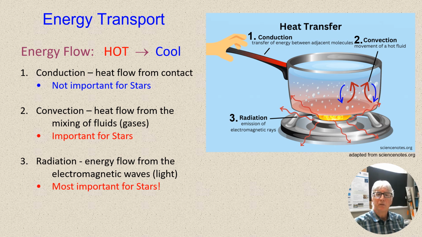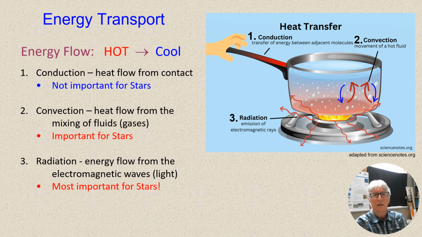This is a brief review of the mechanisms of energy transport. The second law of thermodynamics tells us that heat flows from hotter objects to cooler ones. Conduction is energy transported by contact in solids or liquids, and this is not an important process in stars.